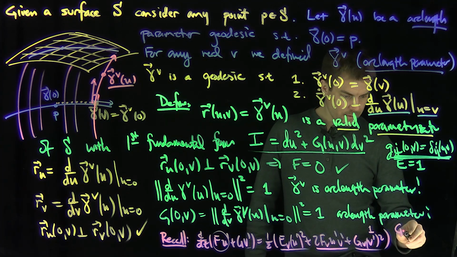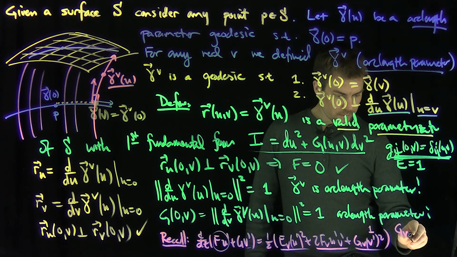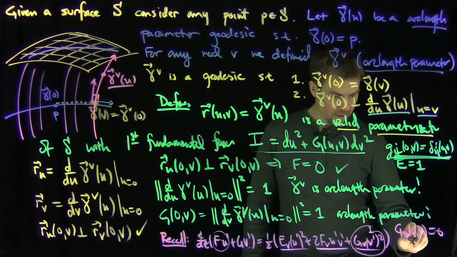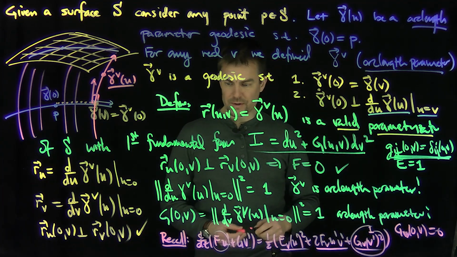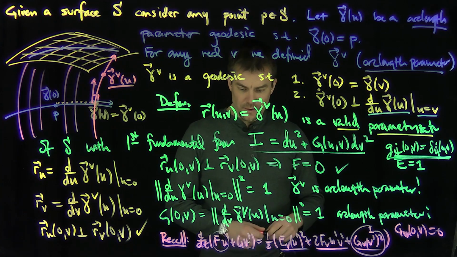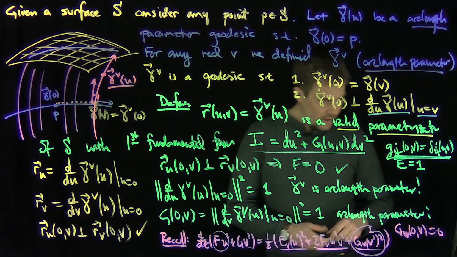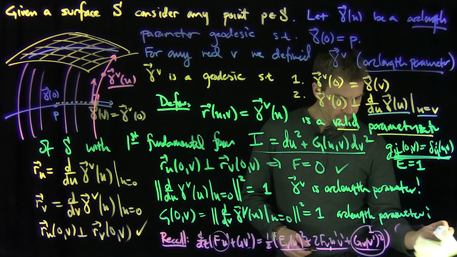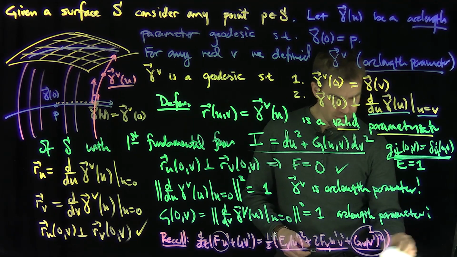So G_V, sorry, G_U of course, right? G_U at (0, V) has to be 0 by this geodesic equation over here. So the v component is equal to 0 at that point as well. Excellent. If you want to say that the u component is equal to 0, right? So in other words, we get further conditions on G_U and G_V.